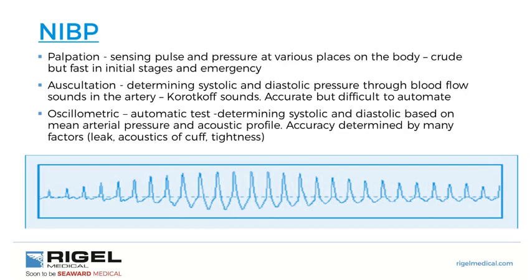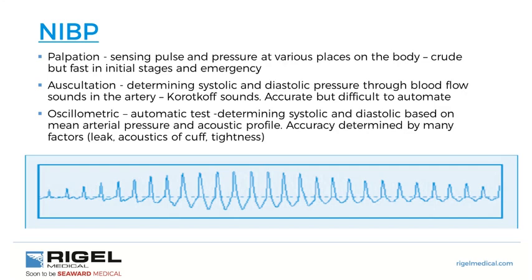And then we have the oscillometric, which is automatic, and we determine systolic and diastolic based on mean arterial pressure and acoustic profile. Accuracy is determined by many factors like leaks, the acoustics of the cuff, and tightness.